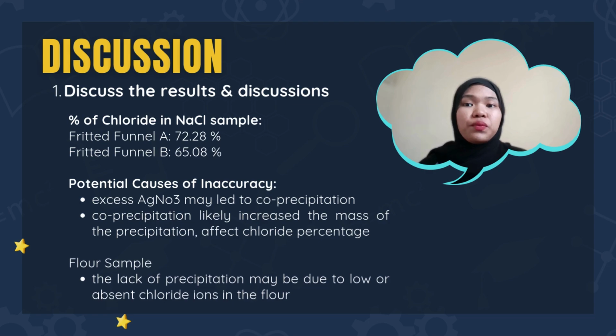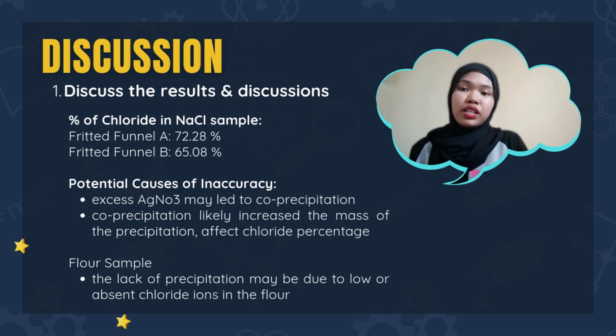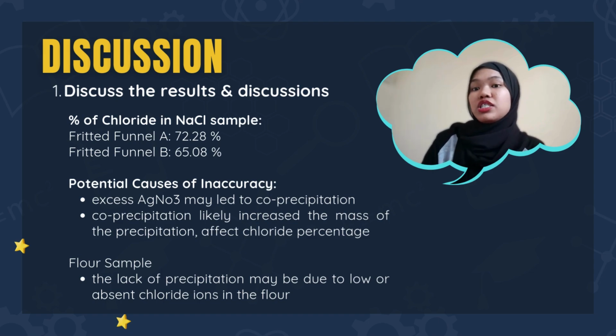In question 1, we analyze the results and the calculations. When we added the silver nitrate to the sodium chloride solutions, it formed a white silver chloride precipitate. After filtering, drying, and weighing the precipitate, we found chloride percentages of 72.28% and 65.08%, which were higher than the theoretical value of sodium chloride, which is 60.66%.